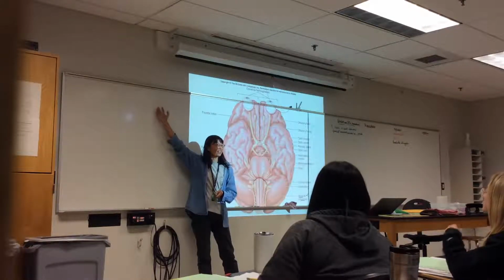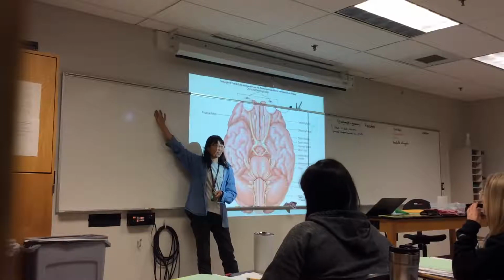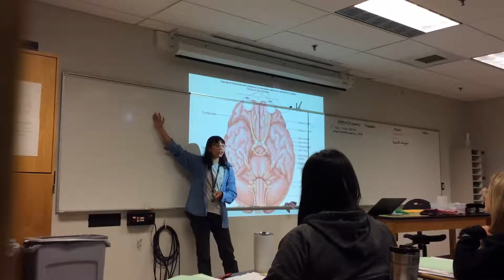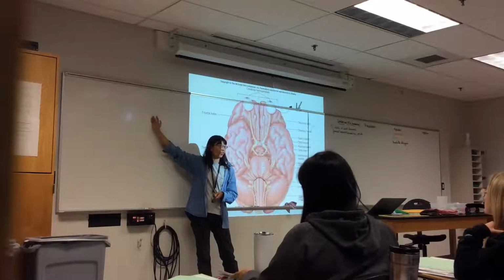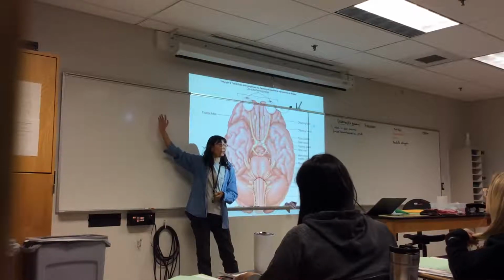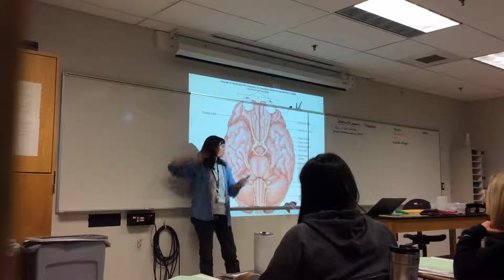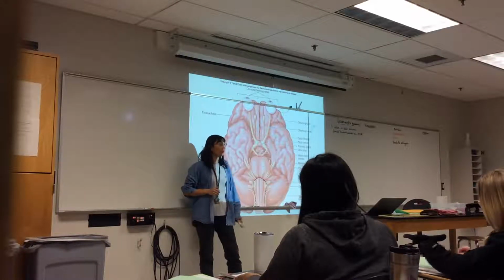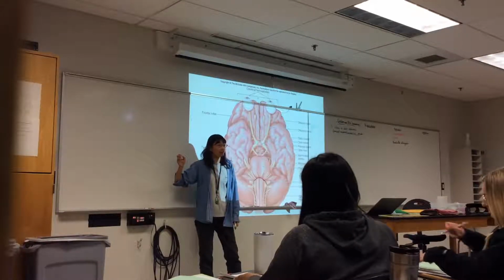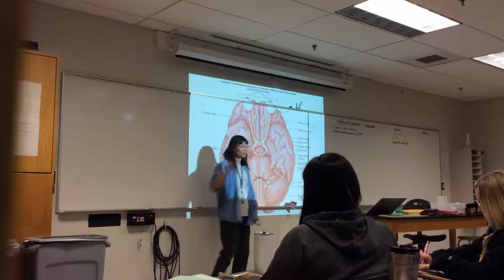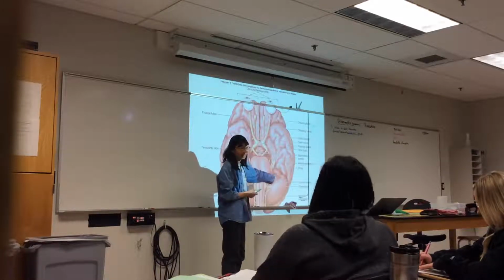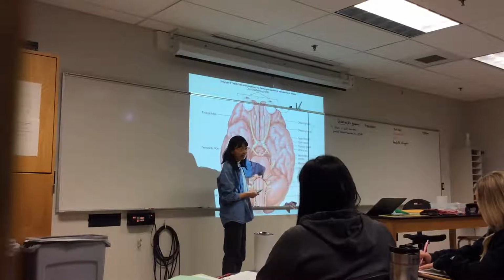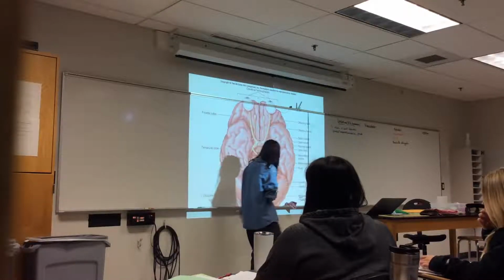Under CNS, I said nerves. You guys remember that? And what did I say? All nerves are peripheral. So all these cranial nerves are what? Peripheral. Okay? Why do we call it cranial nerve? Because it's coming out of the brain, right? Out of the brain. Okay?